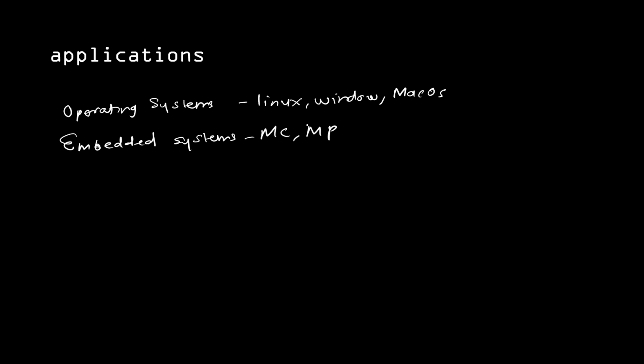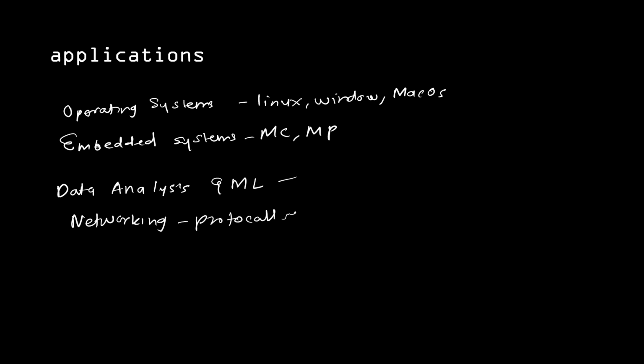All embedded systems can be developed with C, and C is also used for data analysis and machine learning. Many famous AI models use C programming to have low level access, because it provides the most compatible features for memory management and networking, like building protocols and servers.